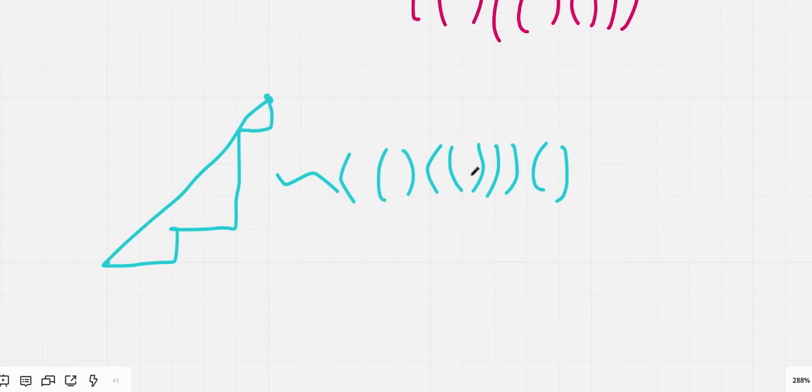Now let's look at this first parenthesis and where it closes. We can mark it, which essentially means that we will have hit this line at some point.